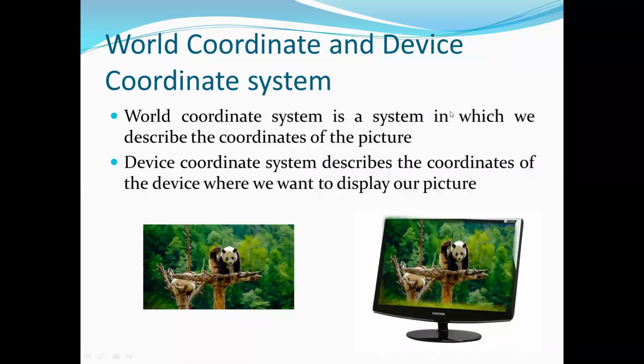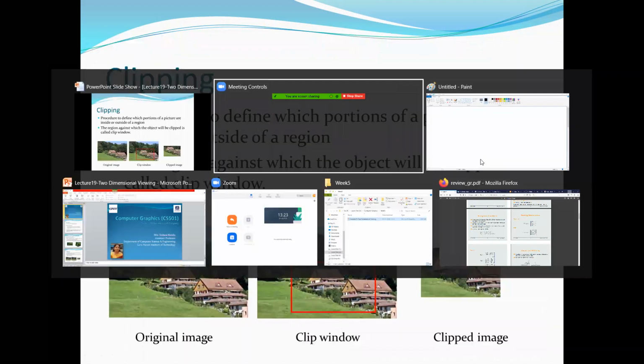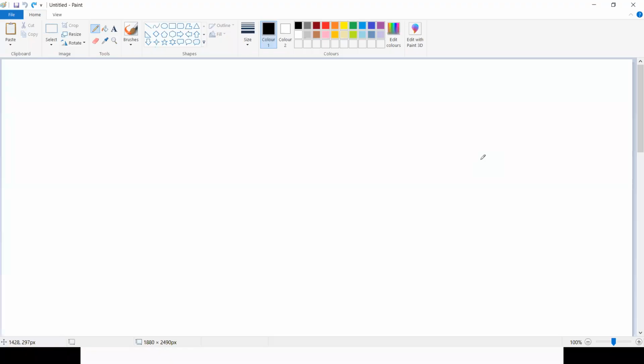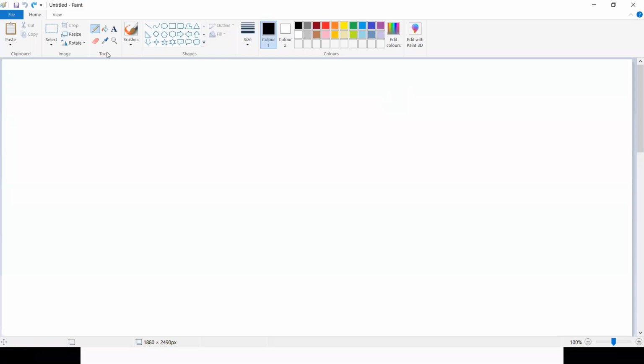Now the next thing which I will show you is how we can change the coordinate system, and what the corresponding equation will be. So let us consider this is a port, this is a window.